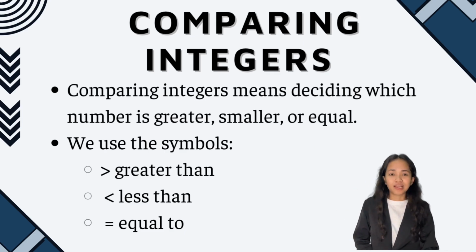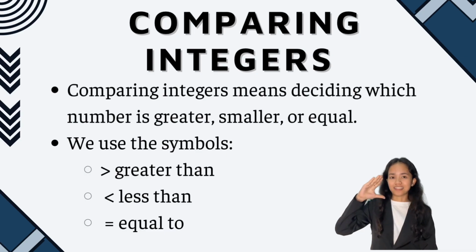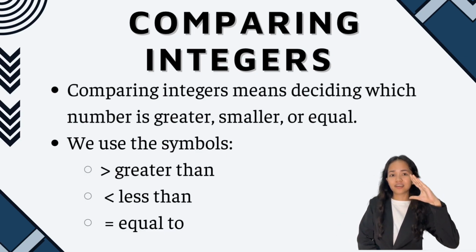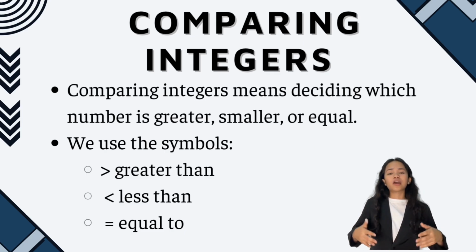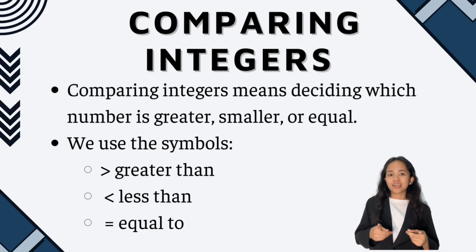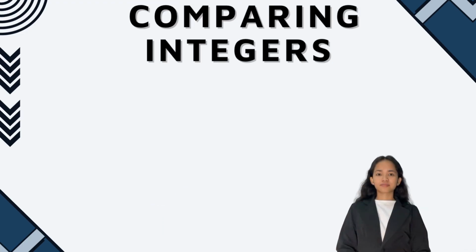Less than starts with letter L. So we have this sign, letter L, and don't forget that this is less than, and this is greater than. Of course, I know that you are very aware of the symbol of the equal sign, right? Yes. And its symbol is like this.